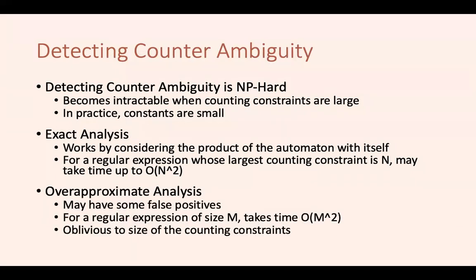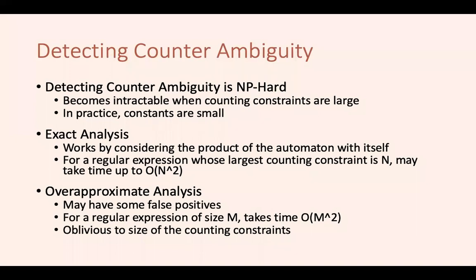And we have the over approximate algorithm, which will sometimes give false positives, but false positives are probably okay because if you think of something non-counter ambiguous as counter ambiguous, then you're probably being careful rather than careless. And this algorithm is much faster, and also it doesn't depend on the numbers on the edges.